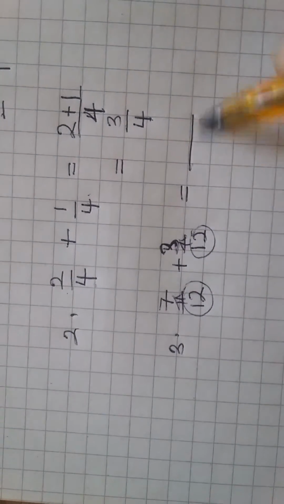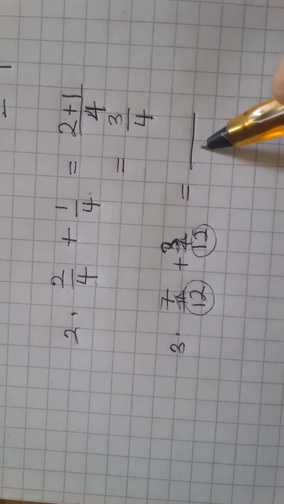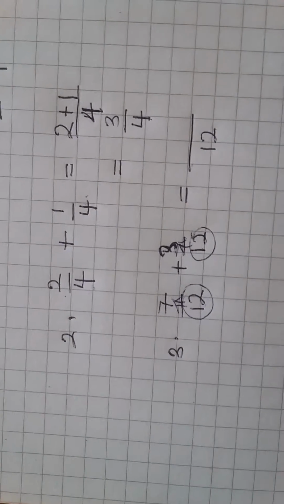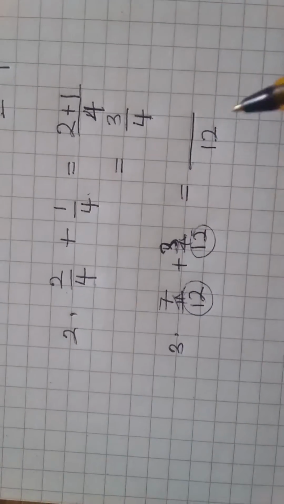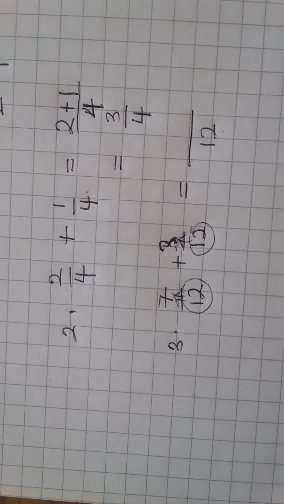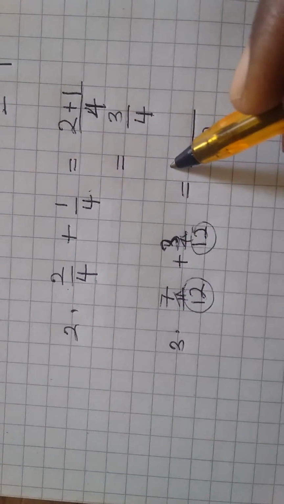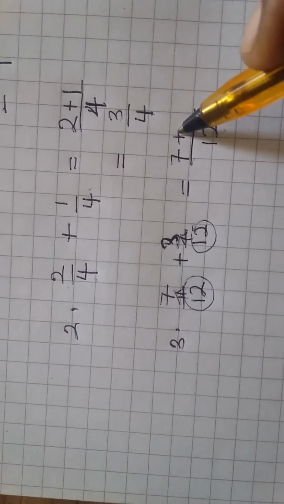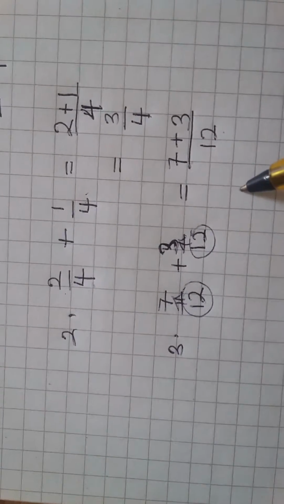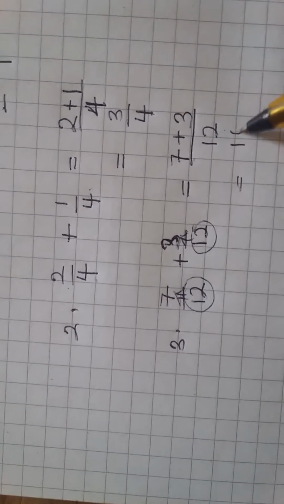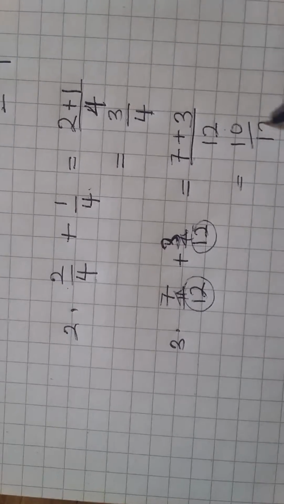In all, these same 12 people will remain here. But the number of things they are going to share will be 7 plus 3. This will give us 10 over what? 12. Okay.